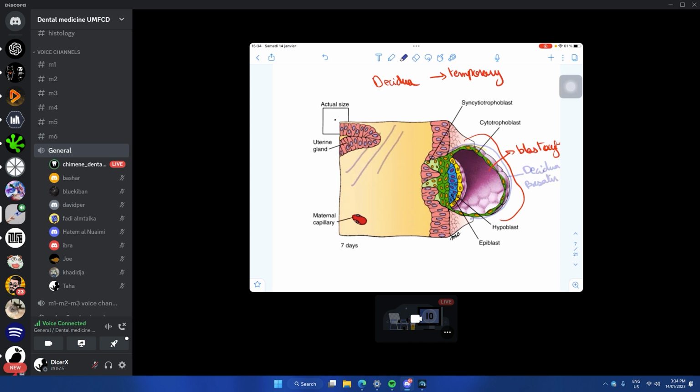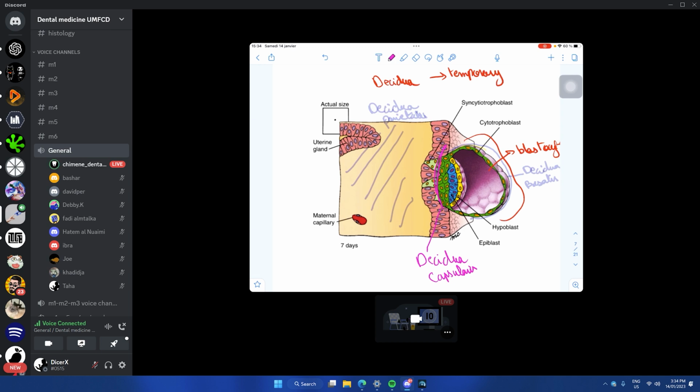The whole endometrium will become the decidua parietalis, and the junction between the blastocyst and the endometrium wall here, I'm going to use a crayon in pink, is a capsule. This is why I call it the decidua capsularis. Those are not very important information, but it will be very good if you add them into your exam.